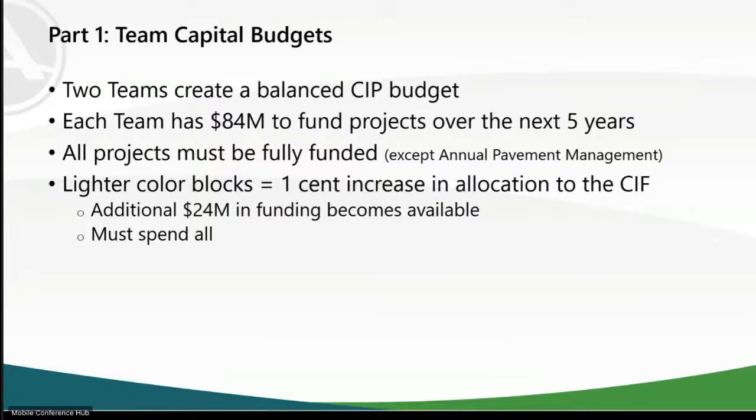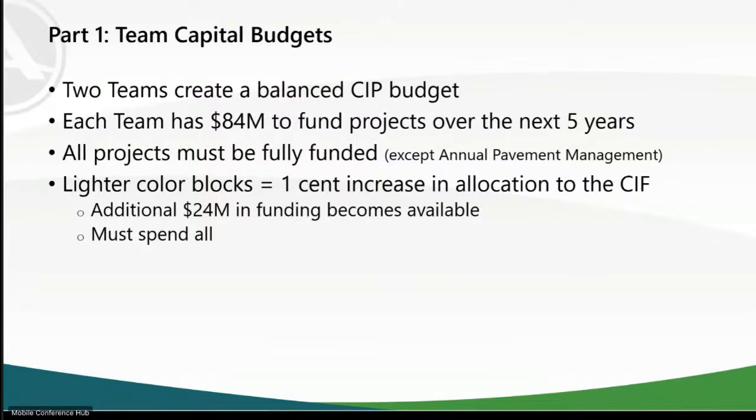If you add a penny to the capital investment fund, you can add additional blocks to spend money on. So you will have $84 million to spend on projects over the next 5 years. Those are the projects that are on the boards around the room, and that is the same list of projects that you did the priority survey on.